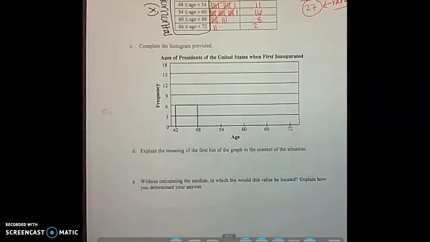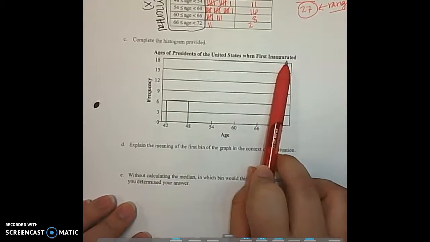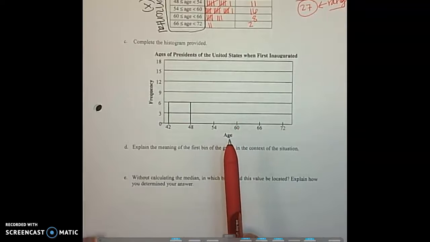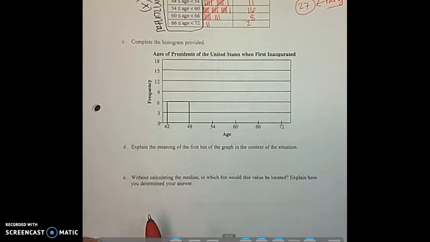So looking back at the histogram, let's graph our data. So it has already provided us the titles of both of the axes and the title of the entire graph. But remember, you are responsible for being able to come up with both of those things as well as the title.